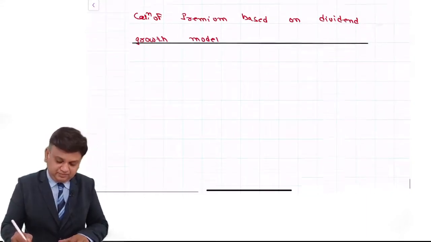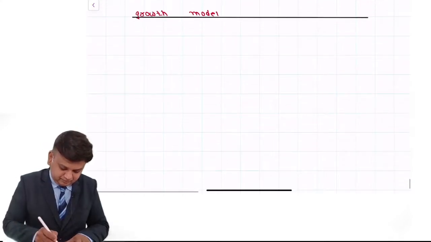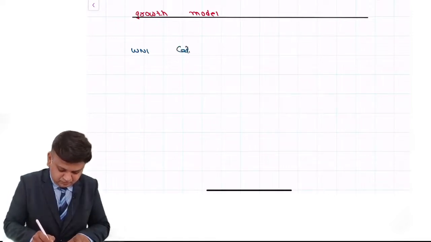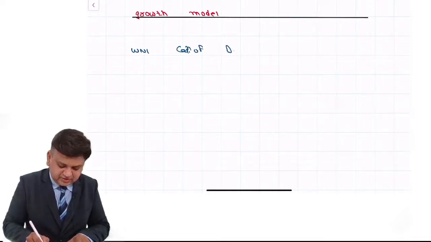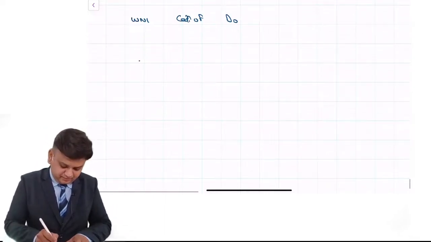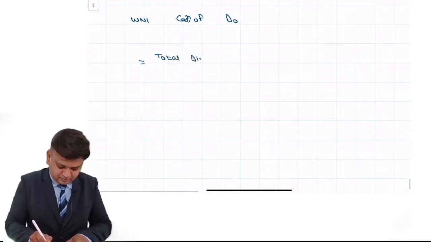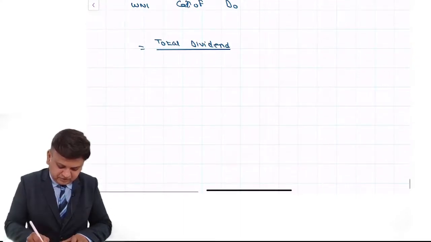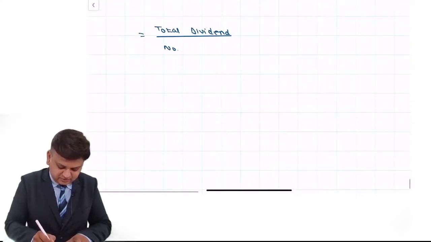In that, write down working note number 1, calculation of D0. D0 stands for the just paid dividend. It is total dividend divided by number of shares.